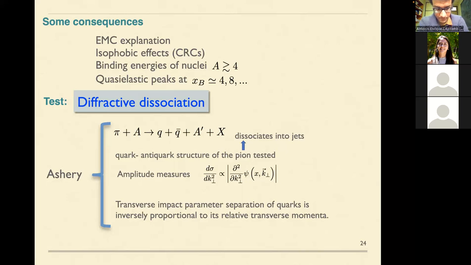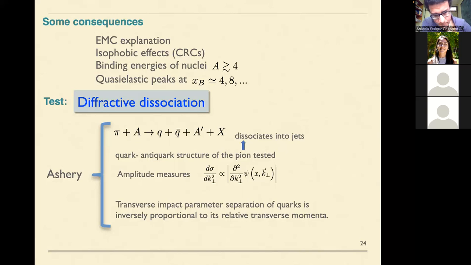His idea was to have a beam, for example a pion beam, against a nucleus, with a high energy interaction but not so much momentum transfer. So it's a diffractive interaction, and the pion could diffract and dissociate into jets. So the quark anti-quark structure of the pion could be tested rather easily.